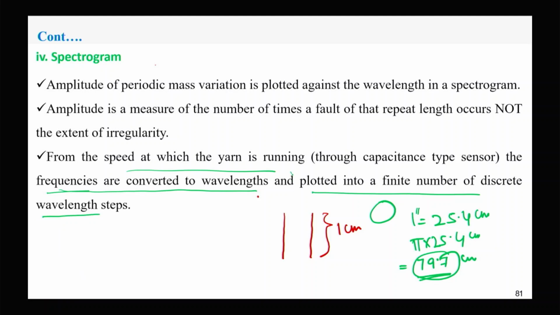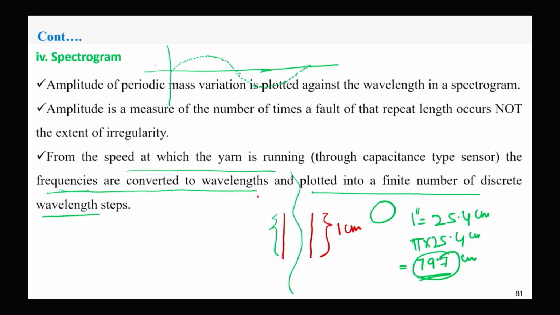So when one yarn is moving, with a long wavelength, this sensor is continuously sensing the mass per unit length. Suppose this is the capacitance value. It's sensing the mass per unit length gradually increasing, then again reducing, even if it is, say, a periodic fault, reducing and again reaching a certain point.